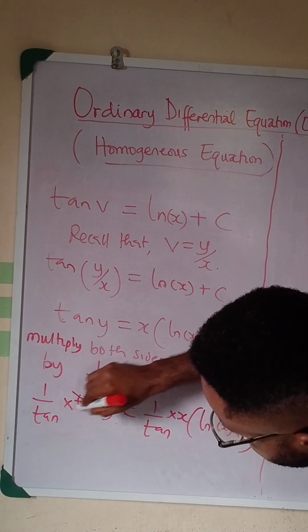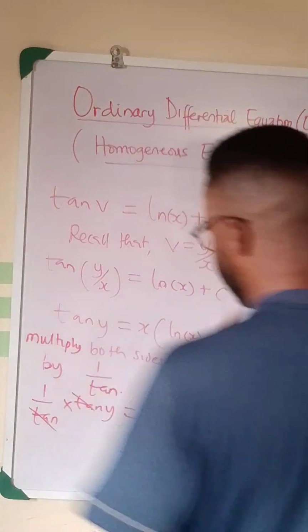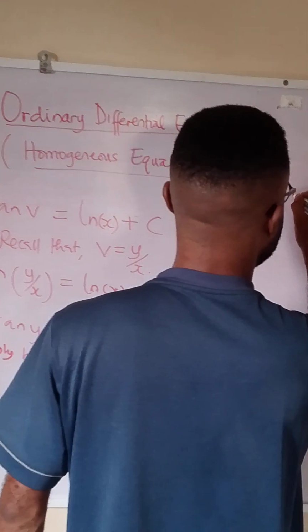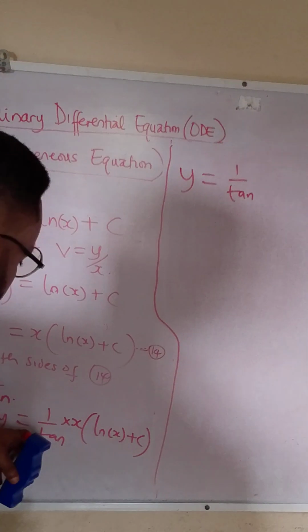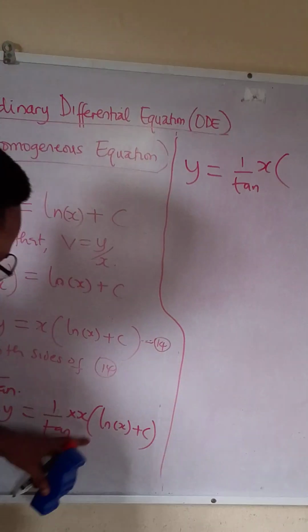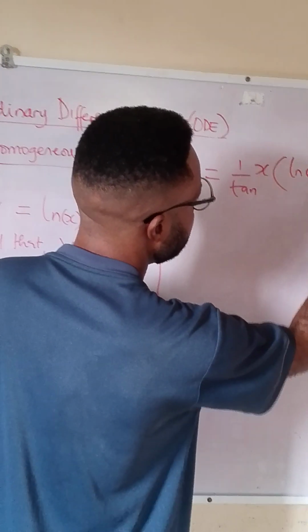This will cancel out this, and so we are left with y equal to 1 over tan times x into ln x plus c.